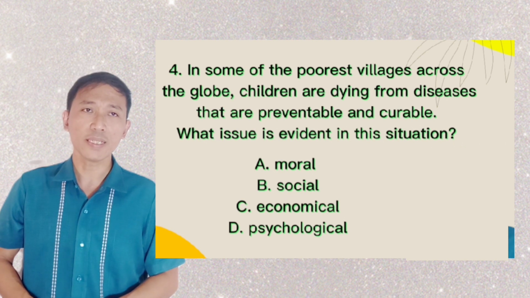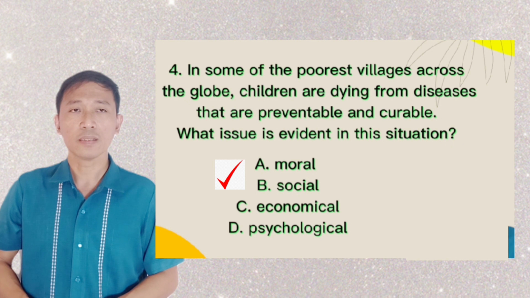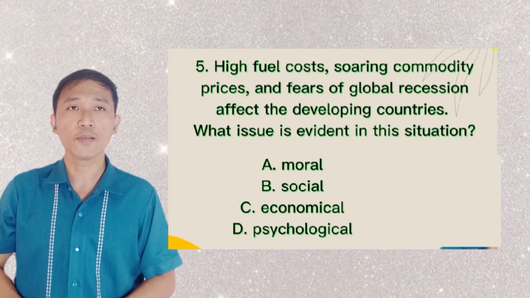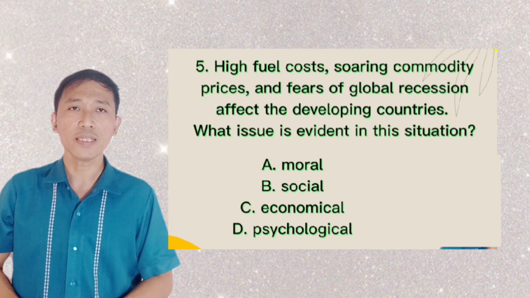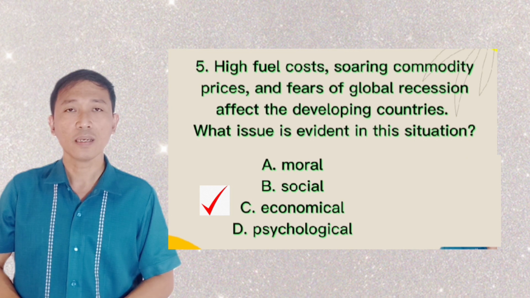What issue is evident in this situation? Answer is letter B, social. And for number 5, high fuel costs, soaring commodity prices, and fears of global recession affect the developing countries. What issue is evident in this situation? The correct answer is letter C, economical.